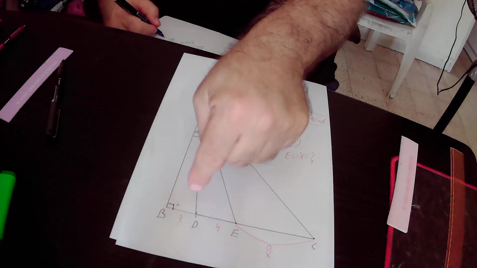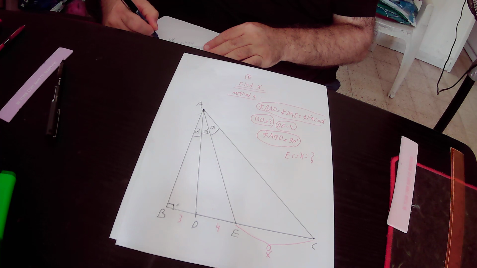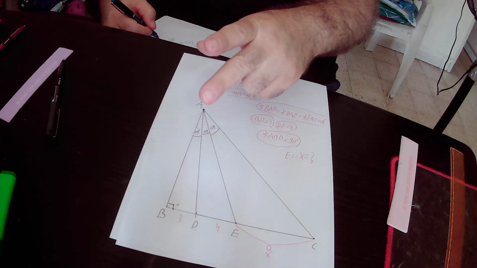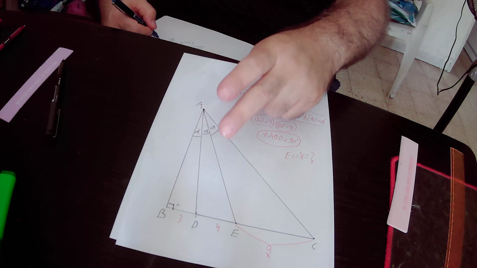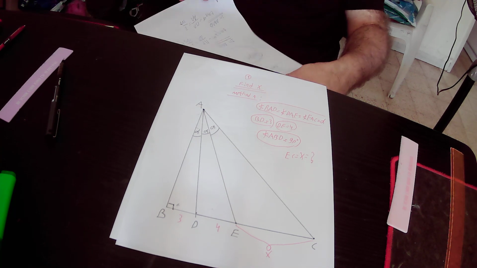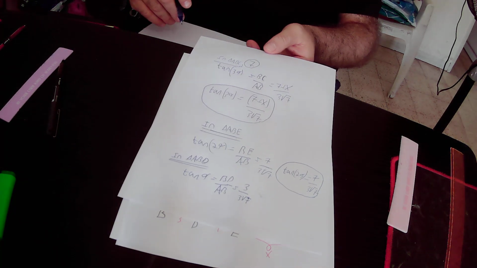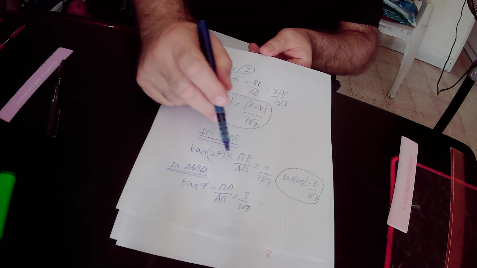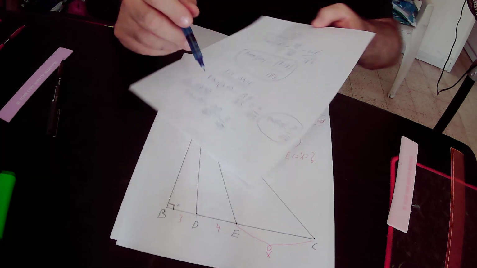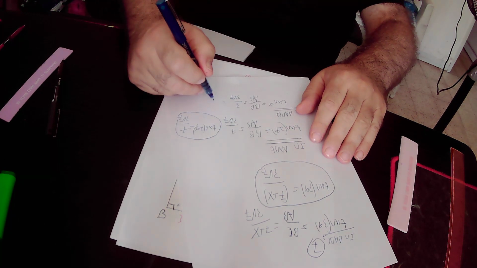The value of BD is 3 units, and we have already found out that the value of AB is 3 times root 7 units. So we found out that tangent alpha equals to 3 over 3 times root 7 units.